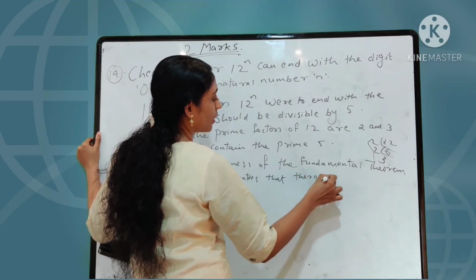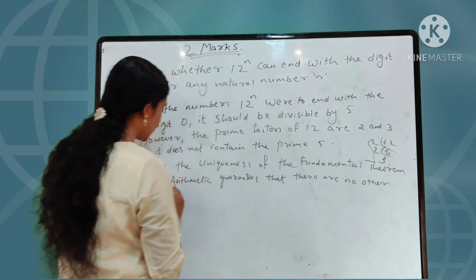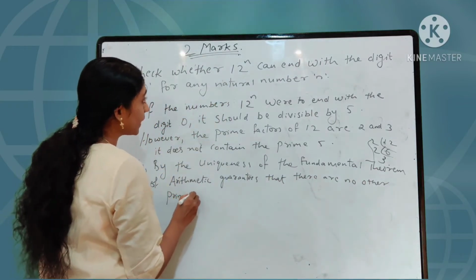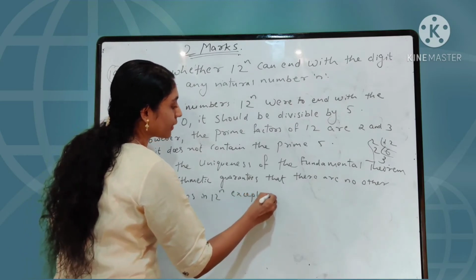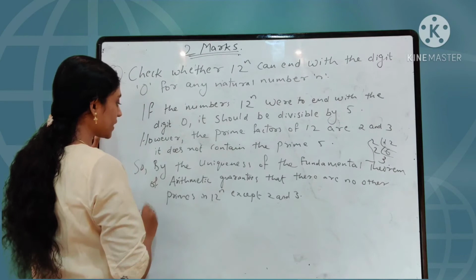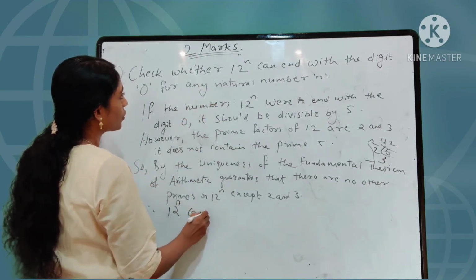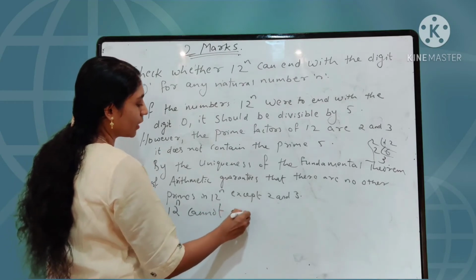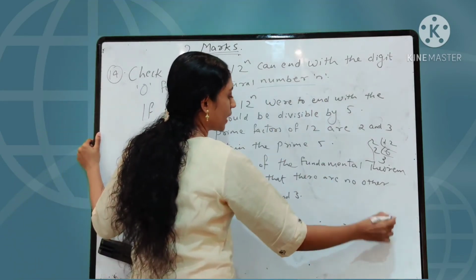there are no other primes in 12 raised to n except 2 and 3, right? Therefore, we can say that the number 12 raised to n cannot end with the digit 0 for any natural number, and you have to repeat that sentence.